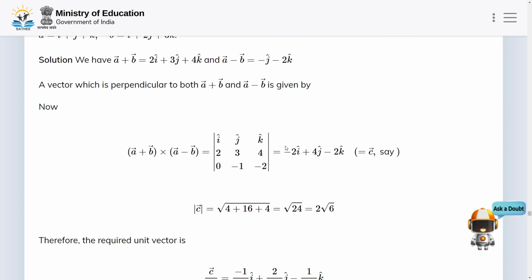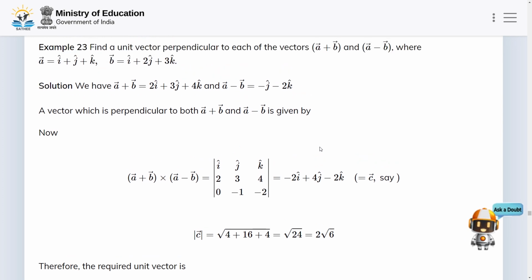The output of your cross product will be the perpendicular vector to both of the given two vectors which you have used to find it. Okay, clear? So this will be perpendicular to this, and this vector will also be perpendicular to this. I hope it is clear to you.